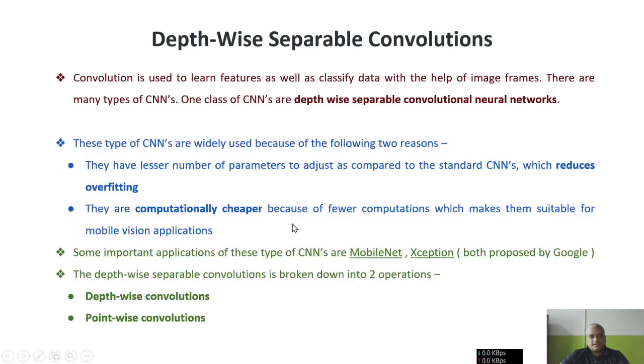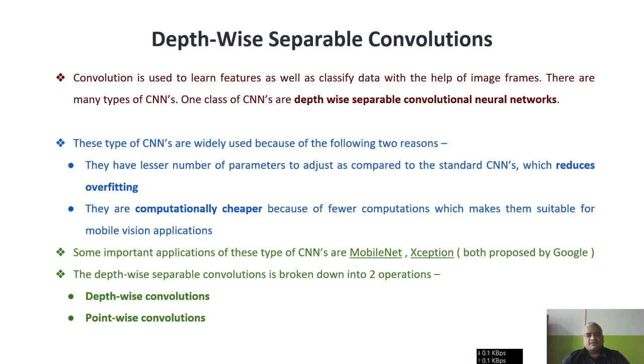Now we discuss depthwise separable convolution. Convolution is used to learn the features as well as classify the data. In image processing and image classification, we have several types of work, that is, from images, how we learn the features about the image: image contrast, image brightness, what type of figure it is.